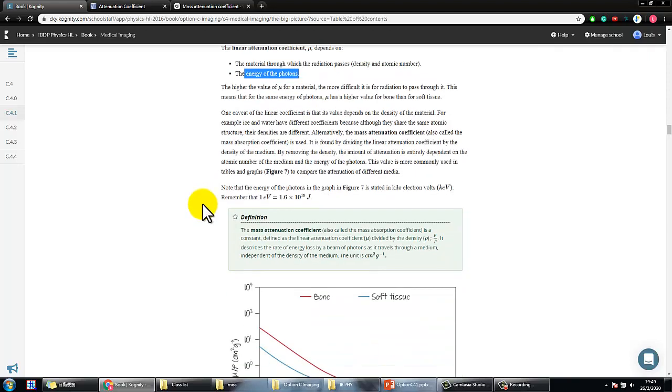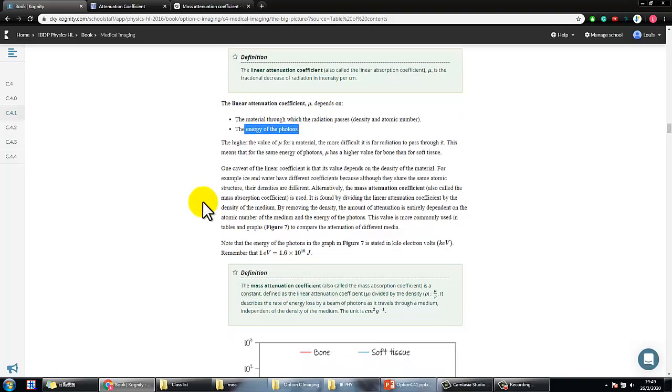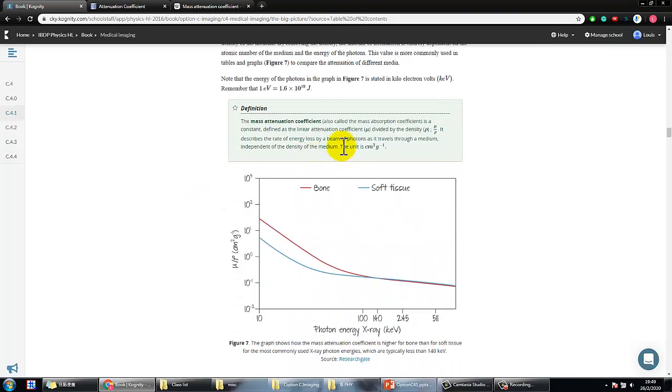Okay, so the energy of the photon actually matters also, and like how we perceived and understood from the textbook, the mass attenuation coefficient is simply the linear one divided by the density of the material. So you can see the unit is cm squared per gram. Simply you can try to work out the units.